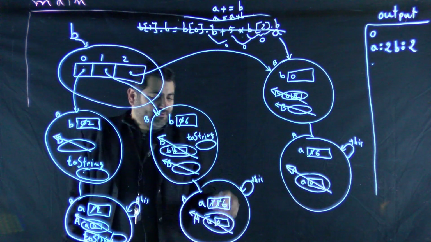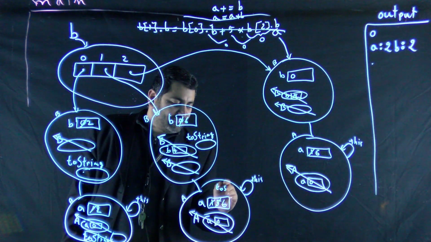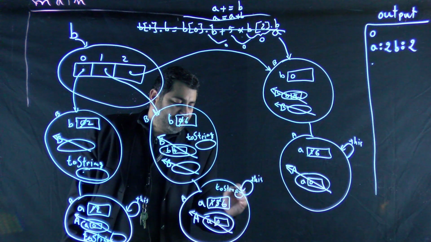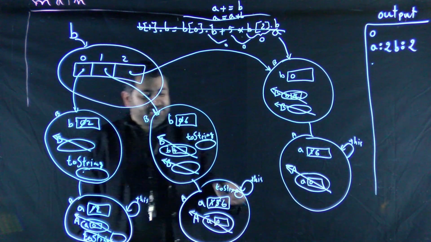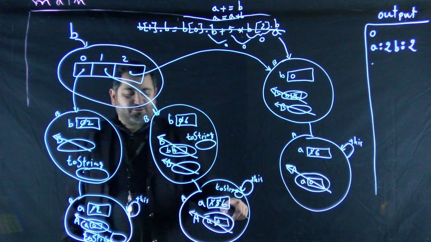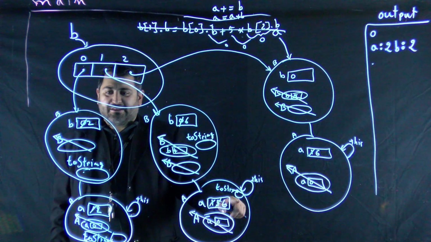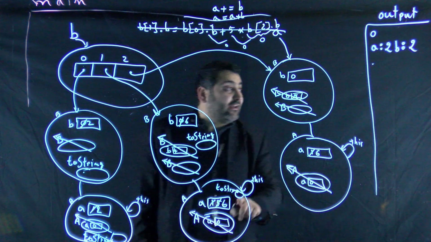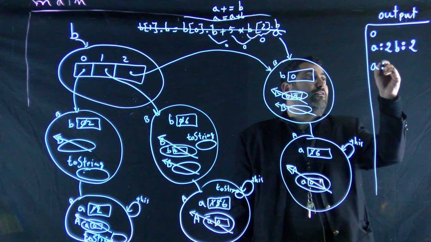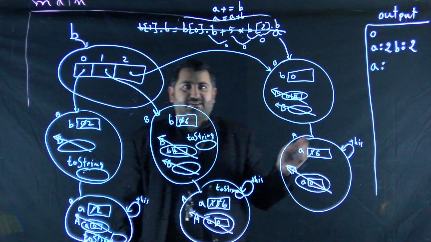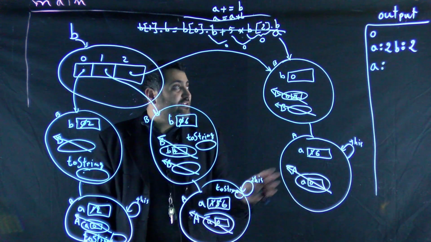Return super dot toString. So we're going to call the toString of this instance of A. We call this toString, which is inside class A. If you look at it, it says return A colon plus A. A colon. The return is going to send it to the output, so we can just print it right away.